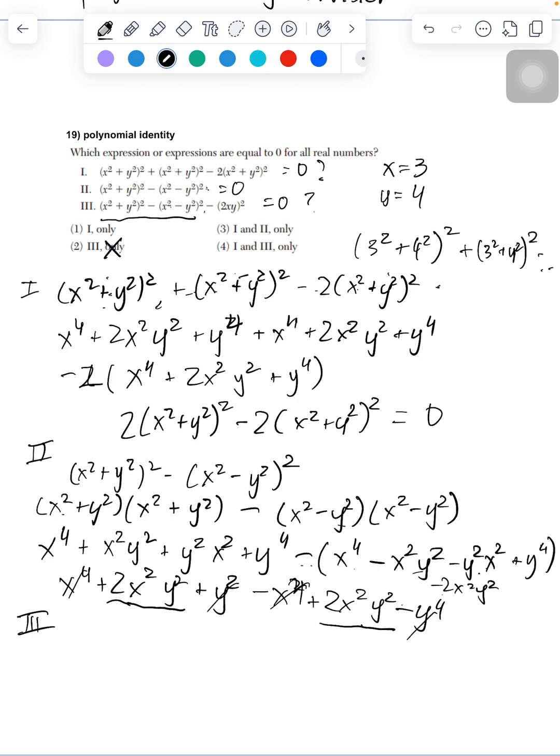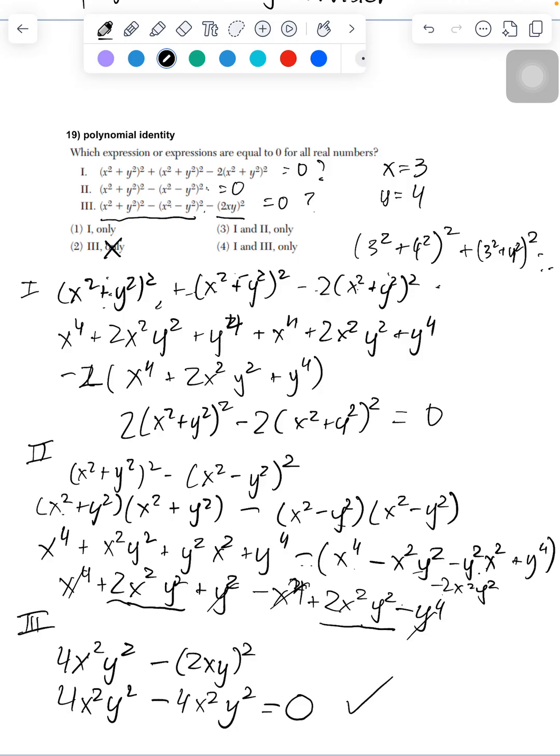So I'm going to add these two terms together, so I'm going to have 4x squared y squared. Remember, I had these two terms, that's why it couldn't equal 0. I wanted it to equal 0. And now I'm just going to subtract this term right here, minus (2xy) squared. I'm going to distribute the 2 to the second power, which is 4, x to the second power is x squared, y to the second. Okay, so this equals 0.